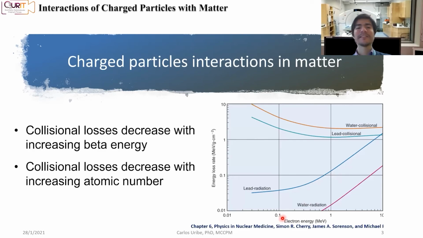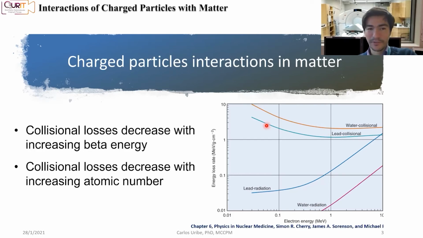We have collisional losses and we have radiative losses. If you look at the contributions of each as we increase the energy of the electron traveling in a medium, we see that collisional losses are the ones coming down here. They decrease with increasing energy of those electrons, or beta particles.